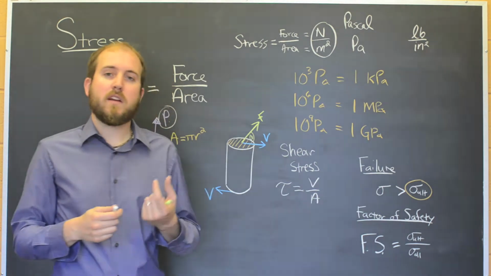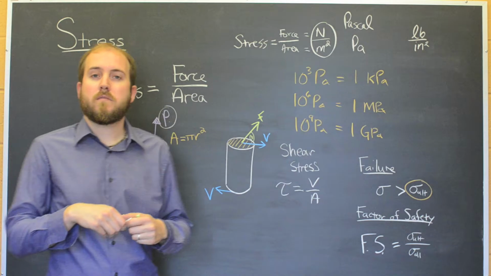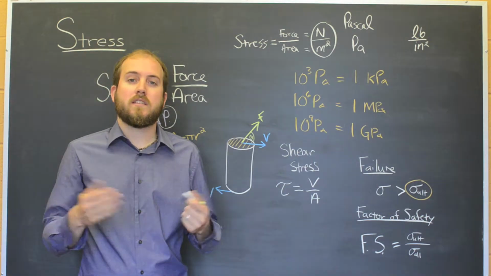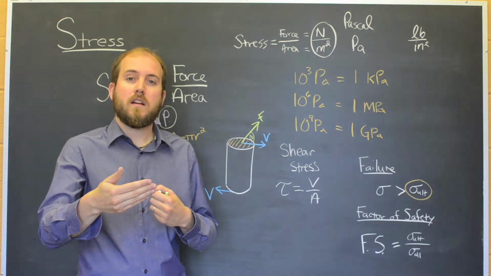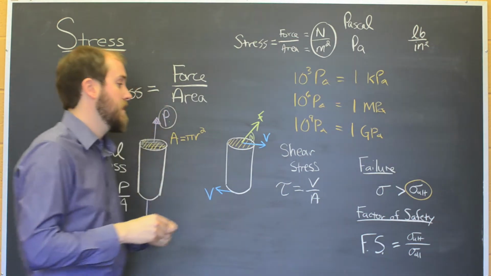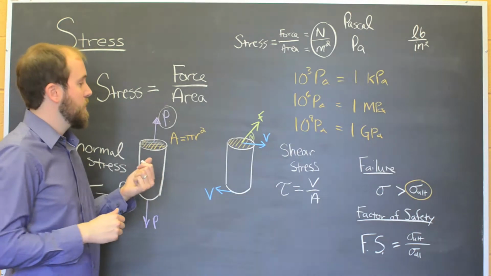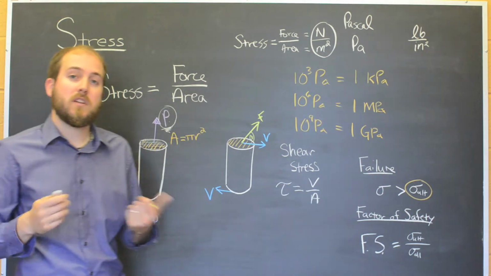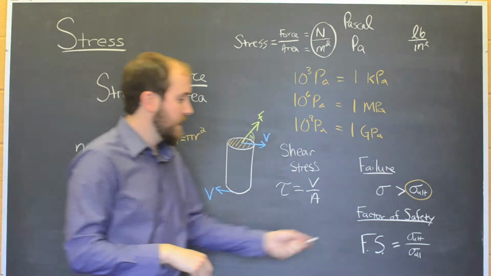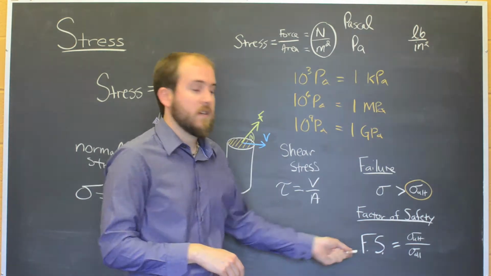But we need to be prepared so that that bridge doesn't fall down if one too many cars gets on it, an unexpected number, if something externally is applied that causes the entire structure to fail. So we want to make sure that if we don't exactly know what P will be, if something could ever change, then we design our structures with a factor of safety to account for the unknown.